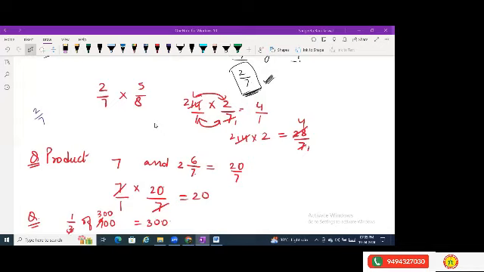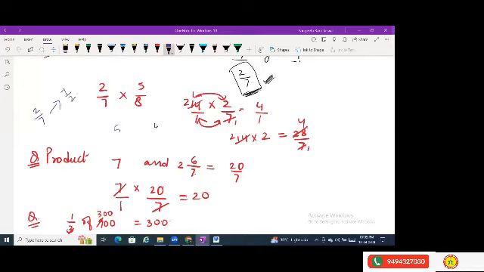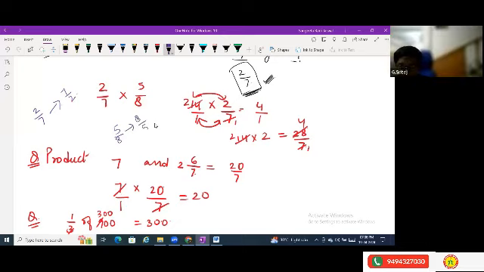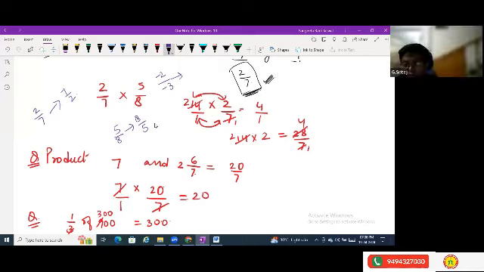Now coming to the reciprocal part. In division, the first thing you need to know is how to find the reciprocal. Suppose you have some fraction 2 by 7. What is the reciprocal of 2 by 7? 7 by 2. Oh, so this you know. If you have 5 by 8, the reciprocal will be 8 by 5. Suppose you have minus 2 by minus 3, the reciprocal will be minus 3 by minus 2.